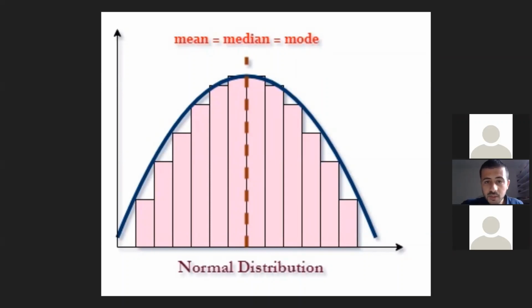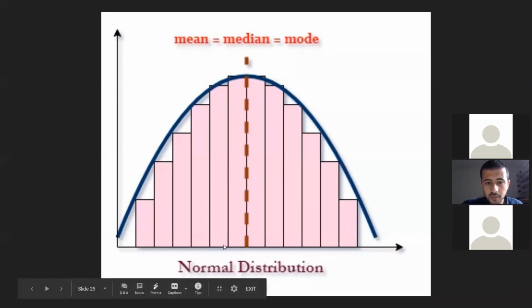Okay, if the most important part is from here to here, that's better than having the most important part from here to here. Okay, why? Because when it is from here to here, it will be a bell shape. But if it is from here to here, it will be more flat. Do you agree?